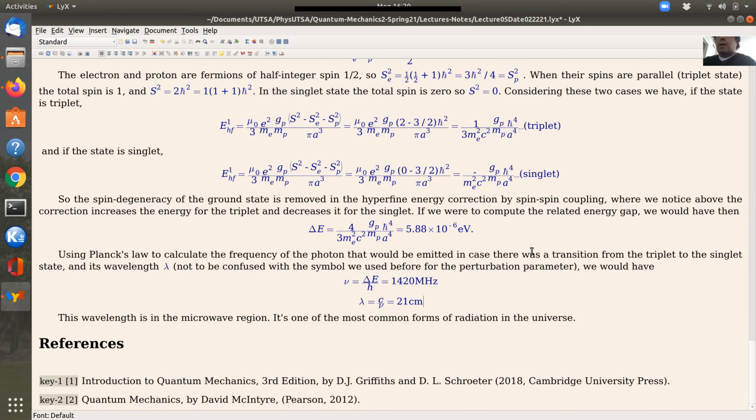This is a short topic. It tries to exemplify how useful time-independent perturbation theory can be to analyze real-world problems such as the hydrogen atom. And these variations, such as the fine structure and the hyperfine energy corrections, appear spectroscopically, so they have a real impact on accounting for experimental observations.